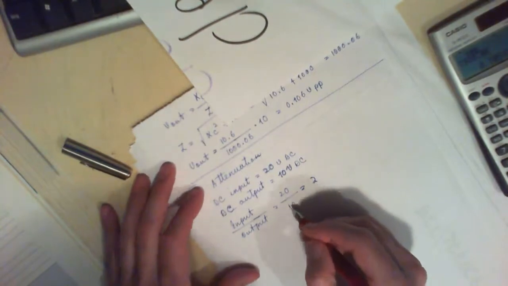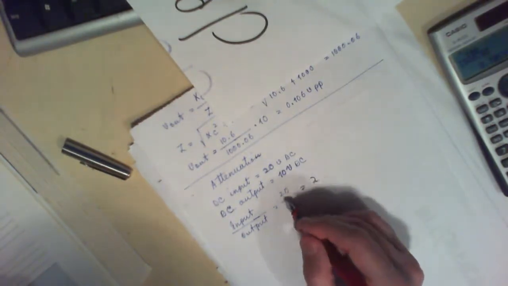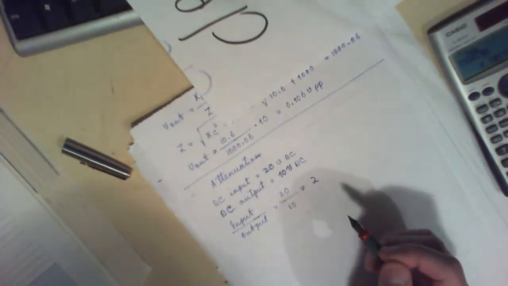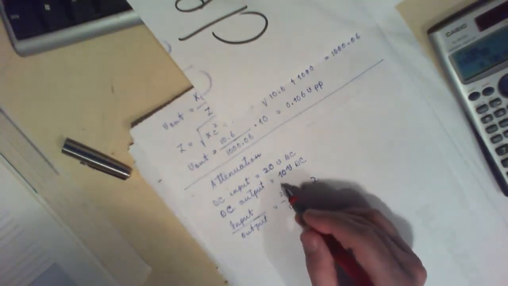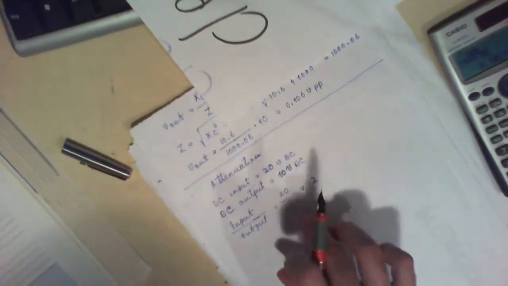Meaning that the output voltage is half of the input voltage, or your input voltage is twice the output voltage. That's basically what that means.